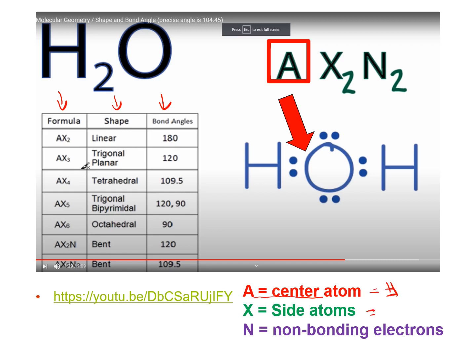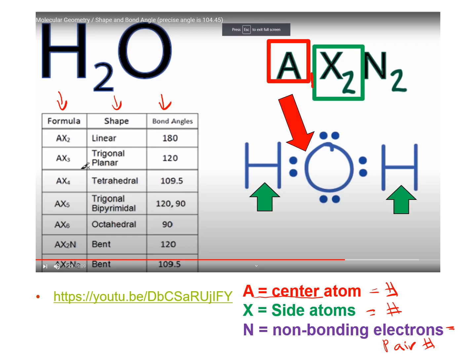You need to know how many atoms are on the side, and in this case that will be the hydrogen. And here you have the number of pairs of non-bonding electrons. As I showed with the oxygen molecule, there's only one, so here they will have only one.